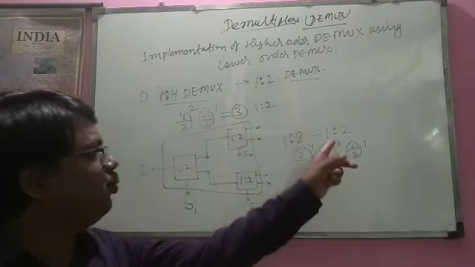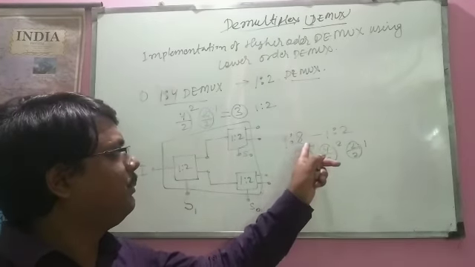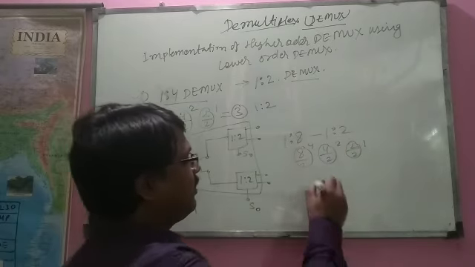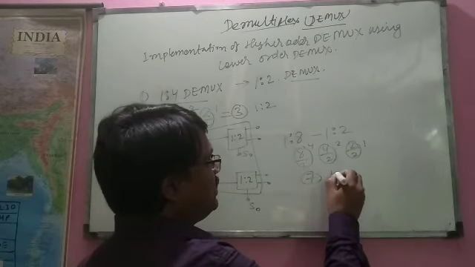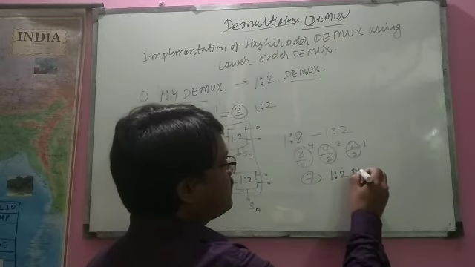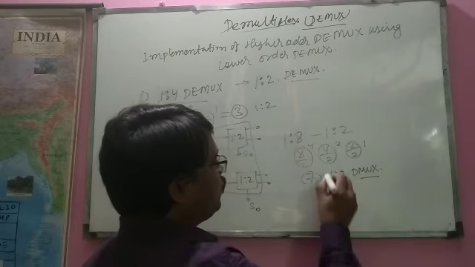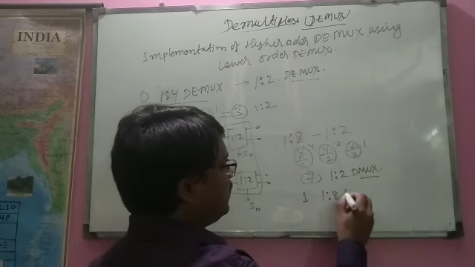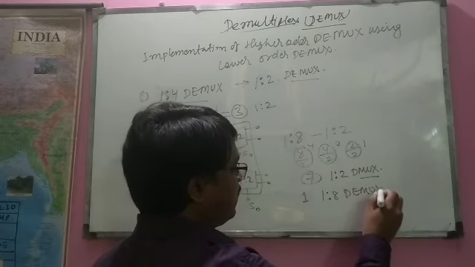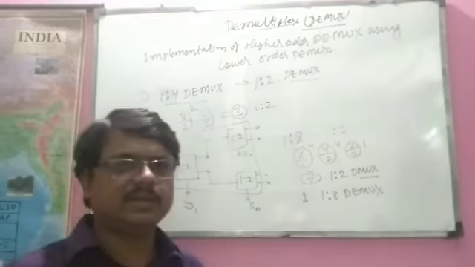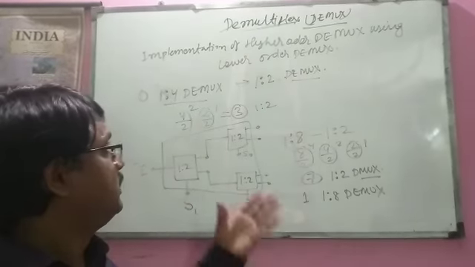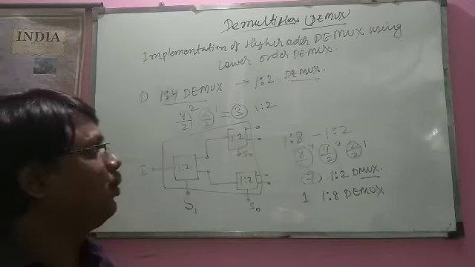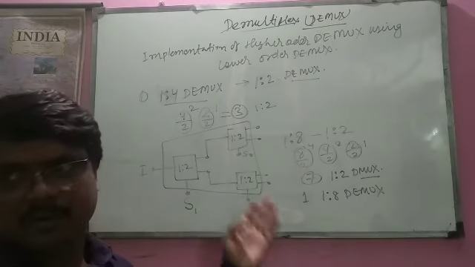So how many 1:2 demux are required to implement this circuit? 4, 6, 7. 7 1:2 demux are required to implement 1:8 demux. If you have seen the implementation of higher order mux using lower order mux, then it is the mirror image of that.